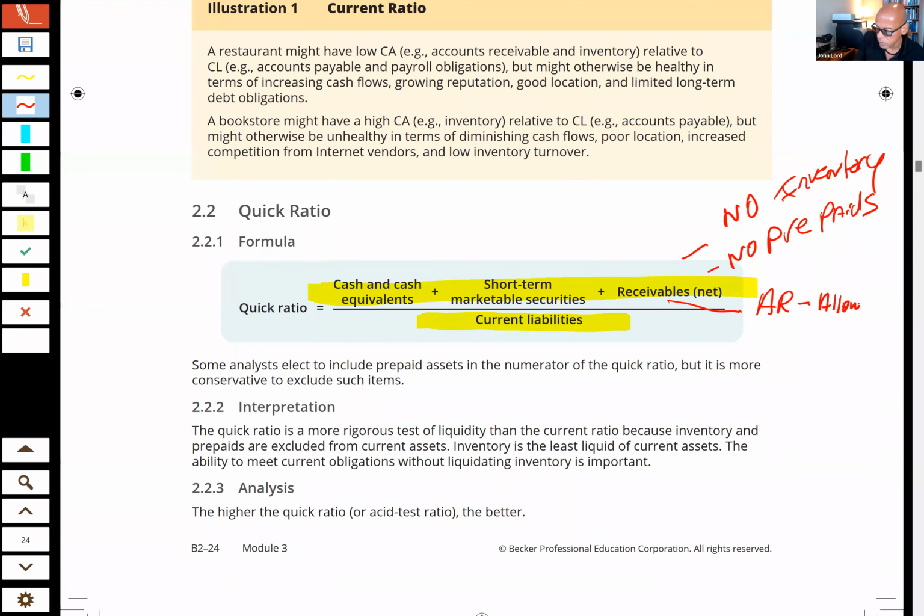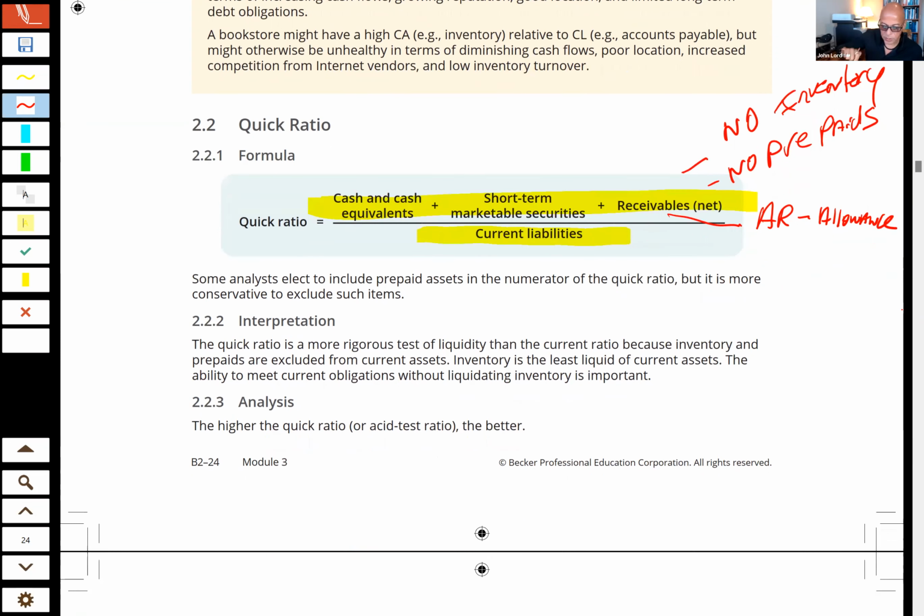Minus the allowance for doubtful accounts. Okay, good. And notice, as I've already indicated, the quick ratio is a more rigorous measurement of our, I think I said solvency, but it's probably liquidity is a more correct term. So you can just go ahead and flashcard that.